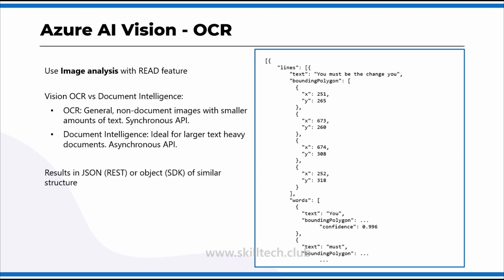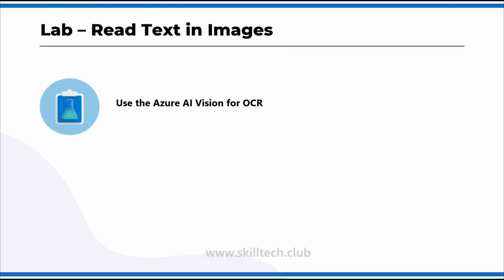Is it a receipt? Is it a resume? Is it some kind of contract or a text document? It can easily identify that, which OCR cannot. We are going to see Document Intelligence in the coming modules, but till then, keep this difference in mind. With this, it's time to see our lab, which is going to read the text in images using OCR.